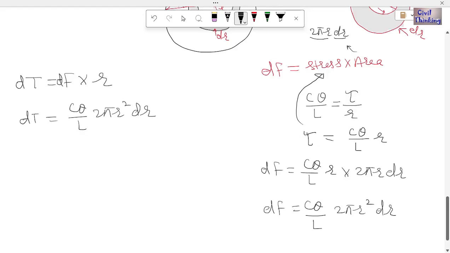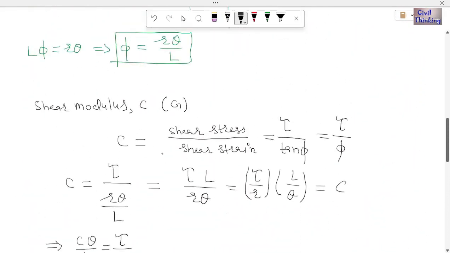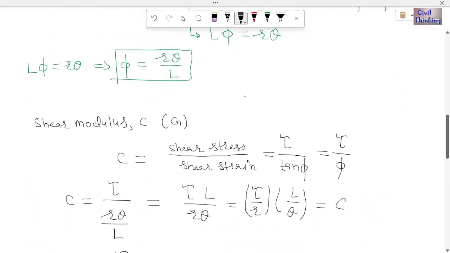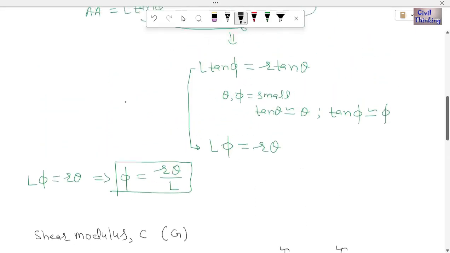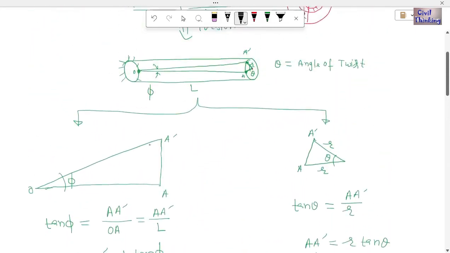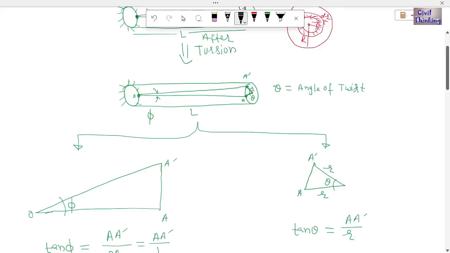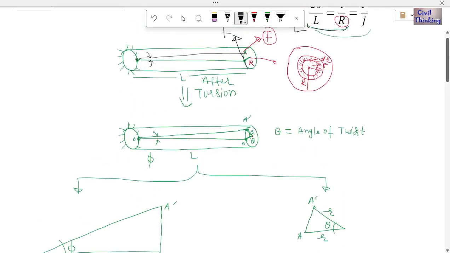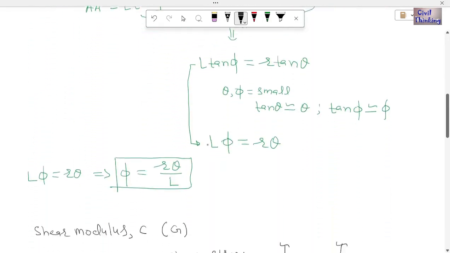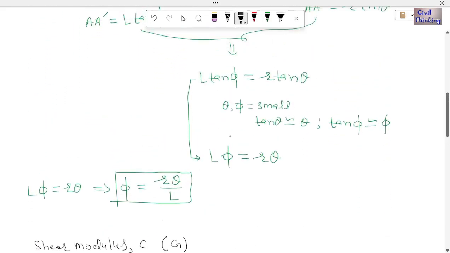Now what is this? This is tau. Let me show you one thing again here, because the actual full radius is capital R, and not the small r.